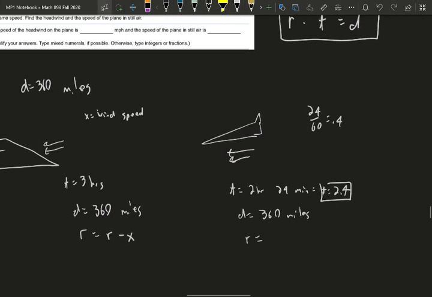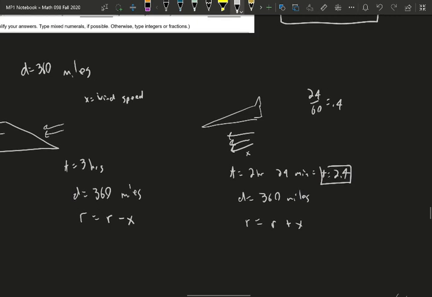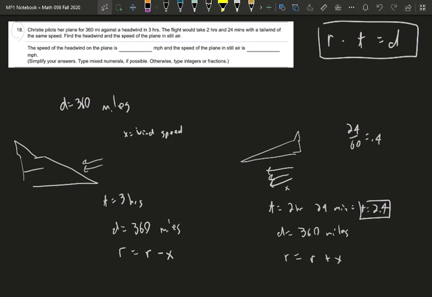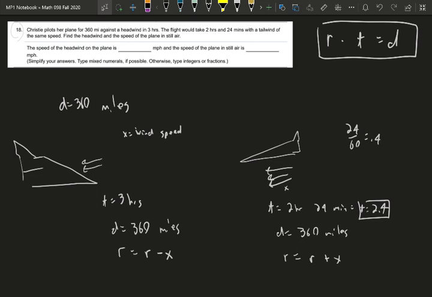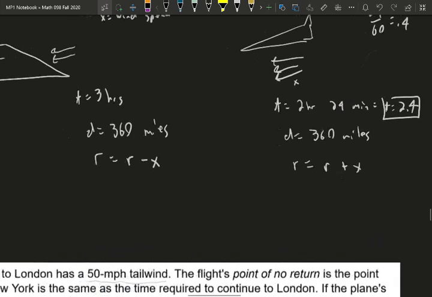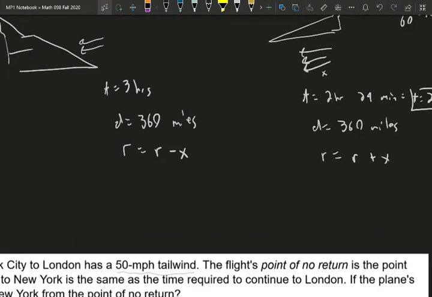In this case, we're going to say R plus X because the wind is actually pushing the plane, it's helping it. All right, no problem. So what we want to do is figure out what is that rate and what is that wind speed.